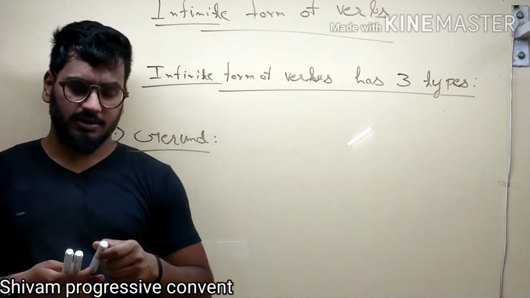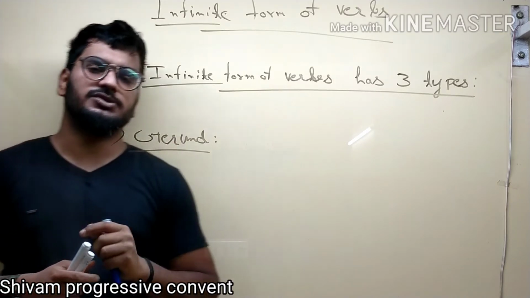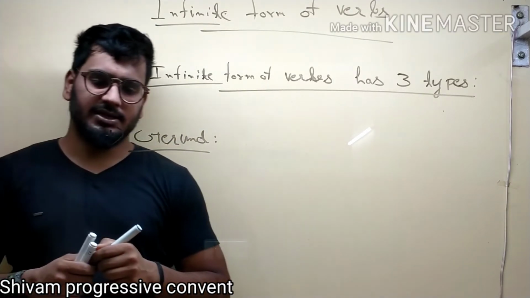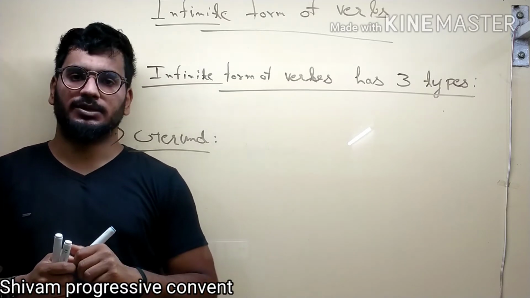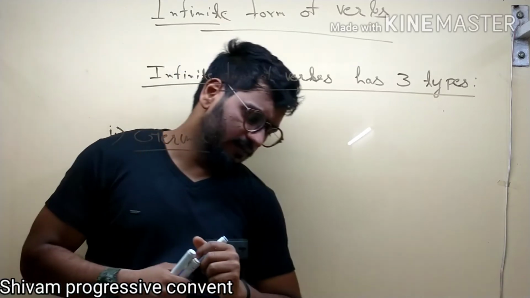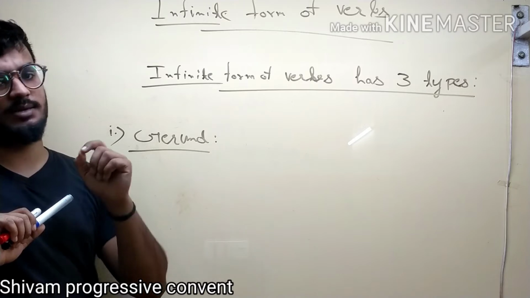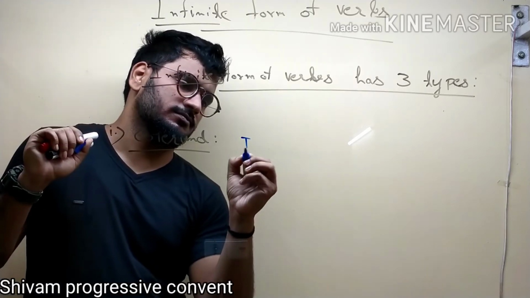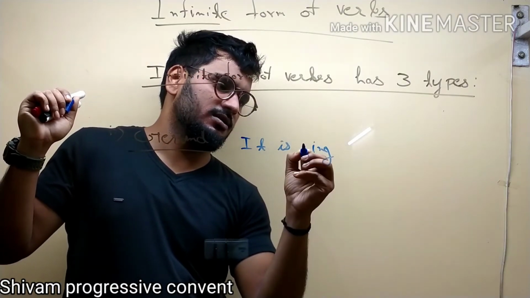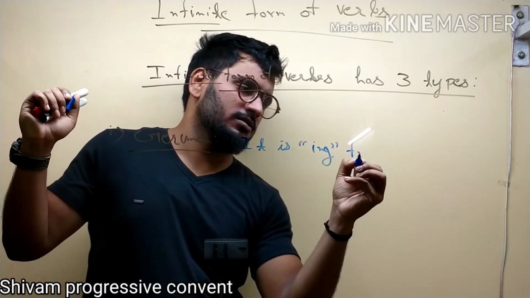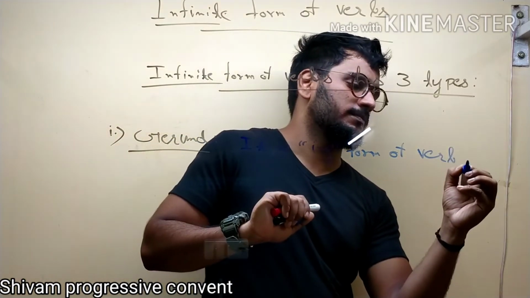First of all, try to understand what is the definition, what is actually gerund. So gerund is the ing form of verb, but the other condition is that it is used as subject in the sentence.